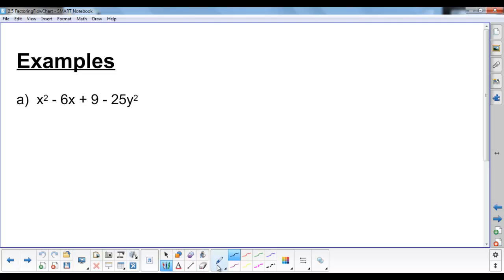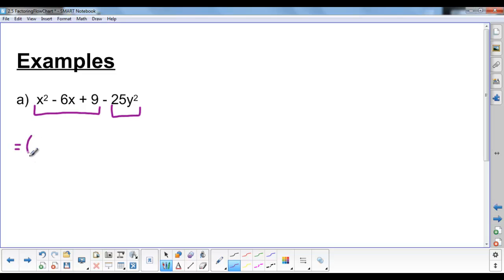First example, we have x squared minus 6x plus 9 minus 25y squared. Right away I see that I have two variables, and if I group this as a group of three and leave the 25y squared alone, I can see that the first group ends up being a perfect square, x minus 3 squared.